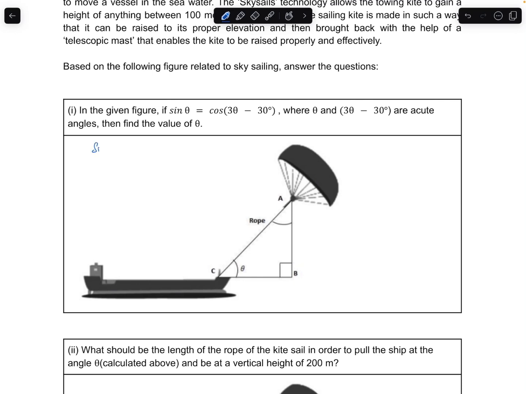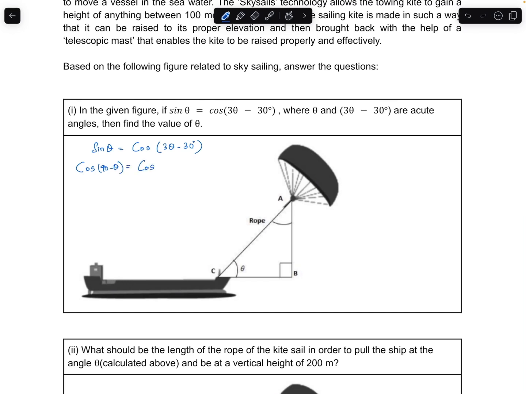The given expression is sin theta equals cos of (3 theta minus 30 degrees). On the left hand side we have the ratio sine, and on the right hand side we have the ratio cos. So let's make it the same on both sides, rewriting sin theta as cos of (90 minus theta).